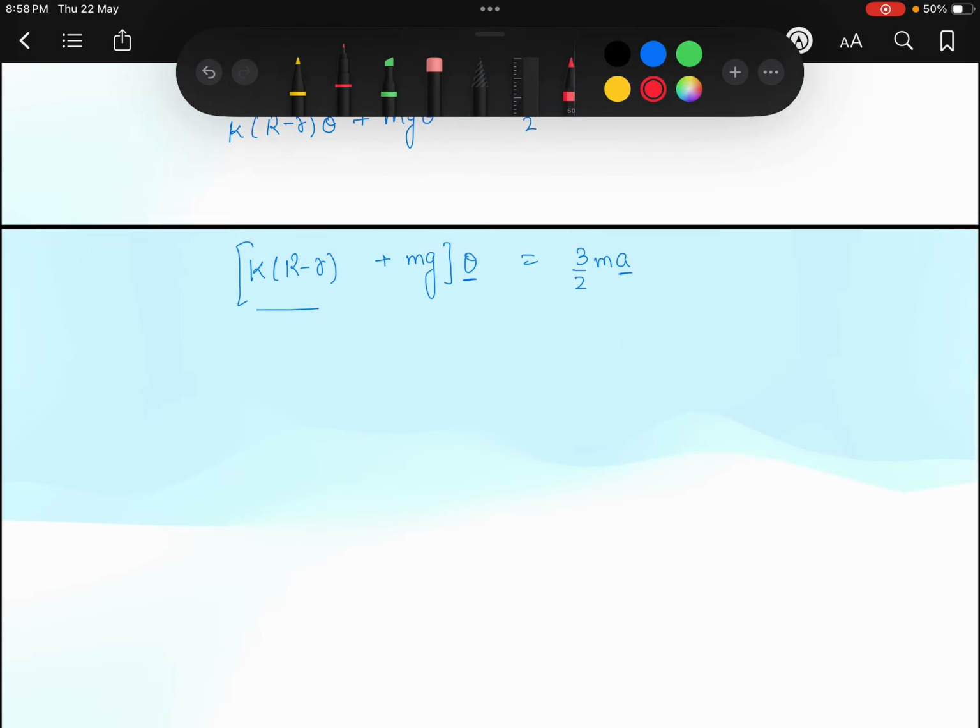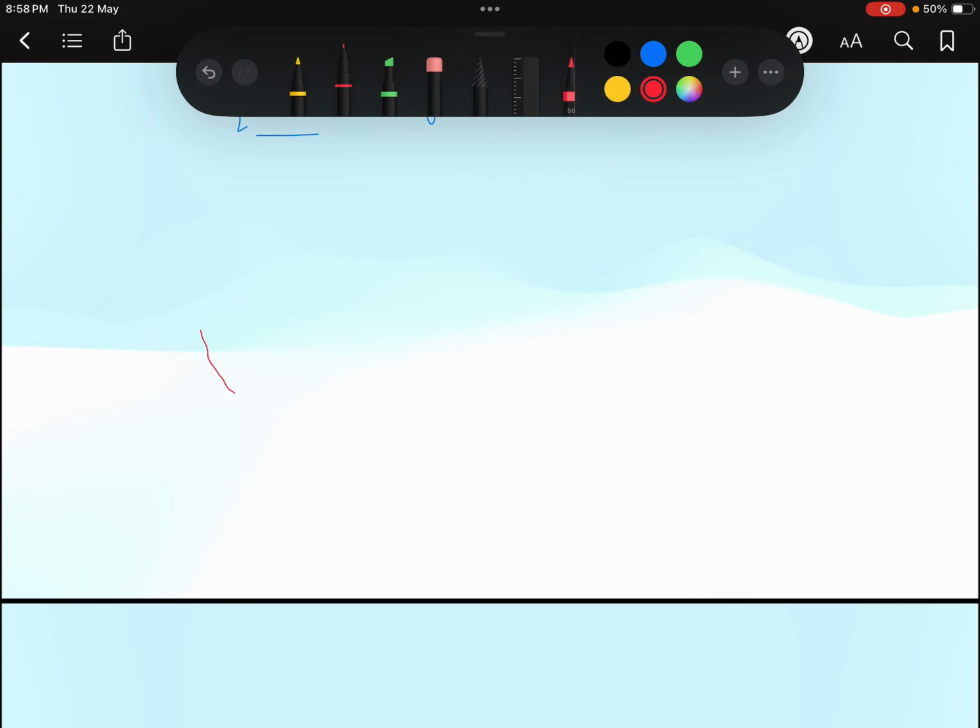As we can see, this is the ring, and this is our disk. These are the two positions of the disk, and these are the lines that we are joining to the center of disk and the center of ring. And the distance between the center of disk and the center of ring is capital R minus small r. And we can see here this disk is moving in this direction with an acceleration of a.